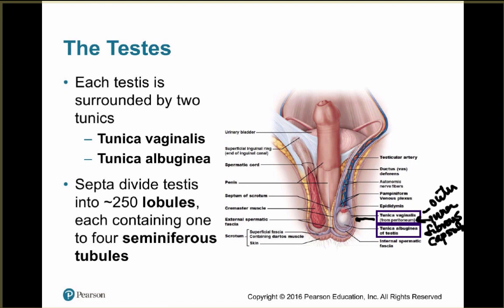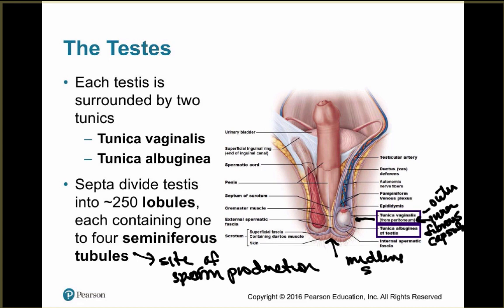Now, there are septa within the testes that allow it to be divided into about 250 different lobules. Each one of these lobules contains 1 to 4 seminiferous tubules, and the seminiferous tubules are important because this is the actual site of sperm production. If you remember, earlier when I was talking about the midline septum, that's the midline septum.